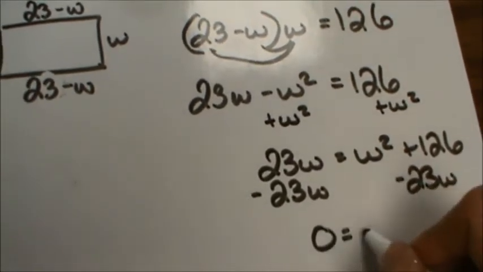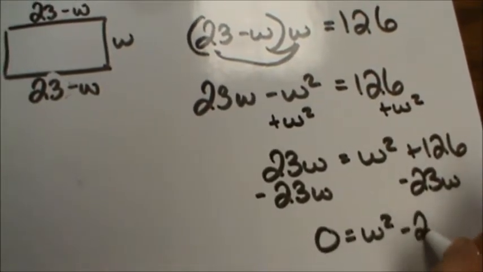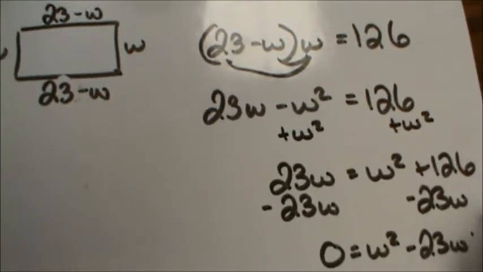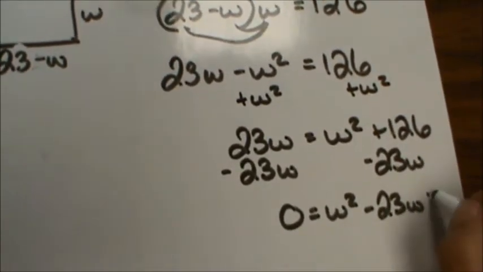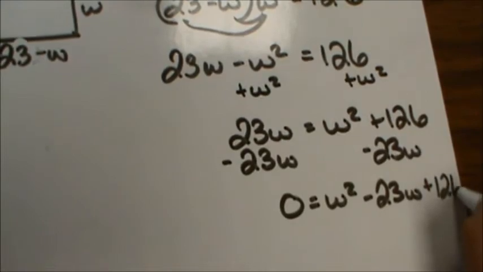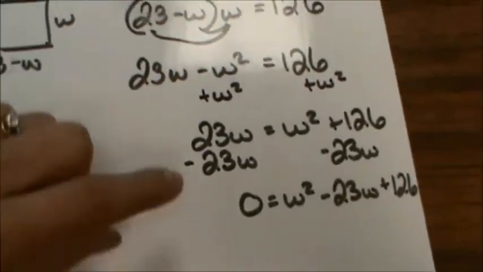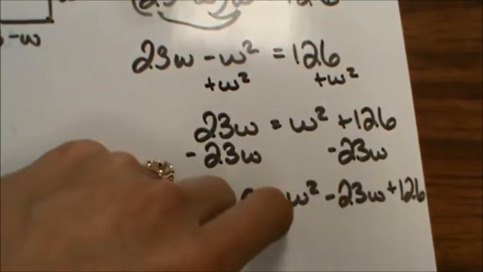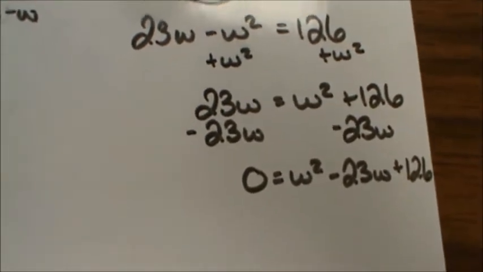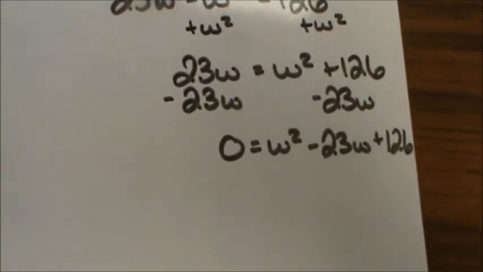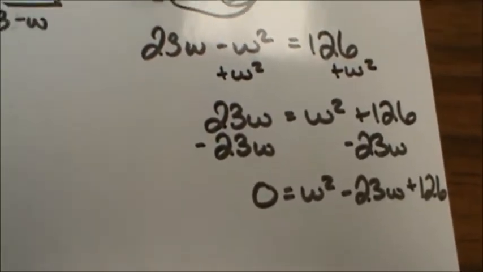So 0 equals W squared minus 23W plus 126. Notice when I wrote my terms over here, I wrote them in order from highest power to lowest power. Now I need to figure out how to factor this to solve.